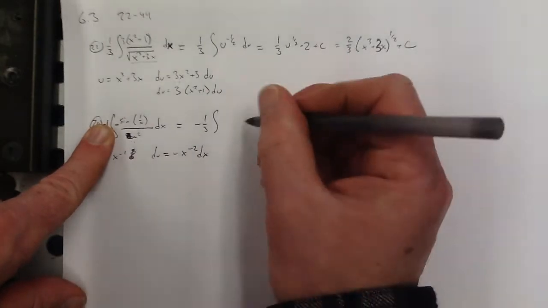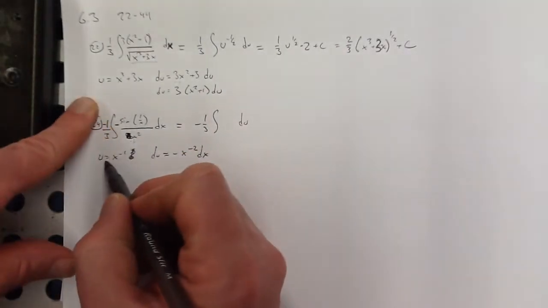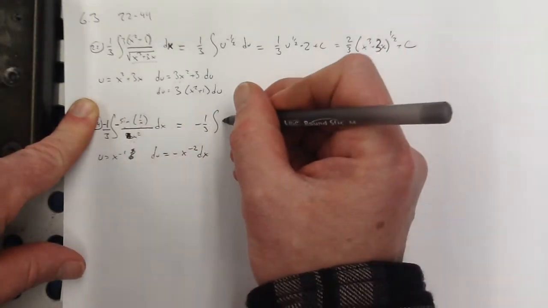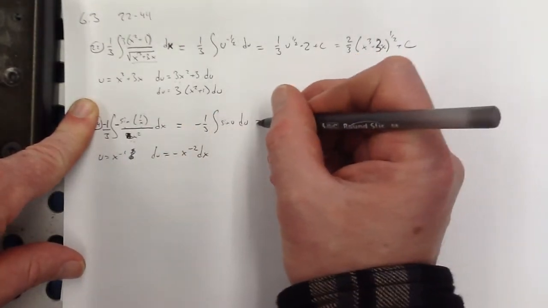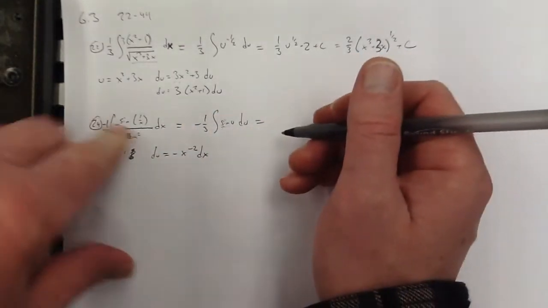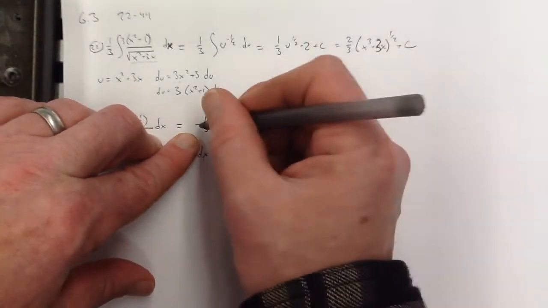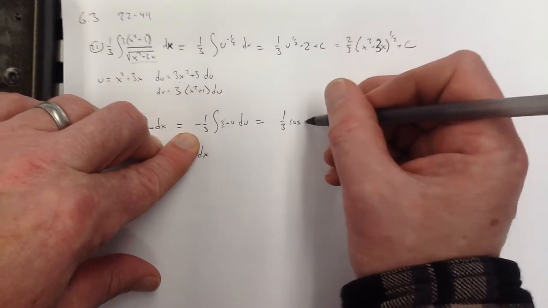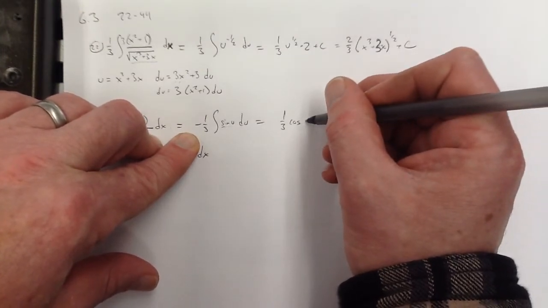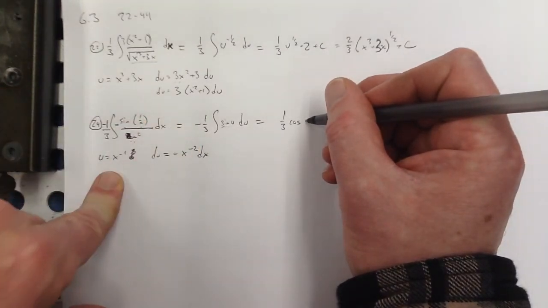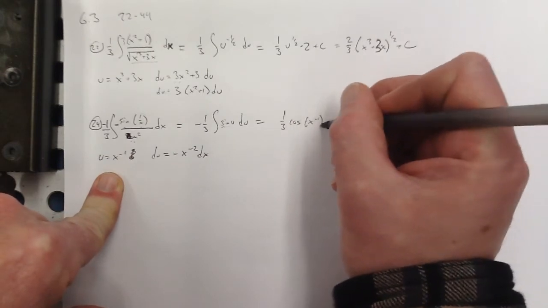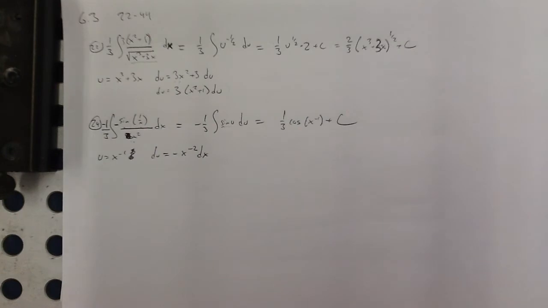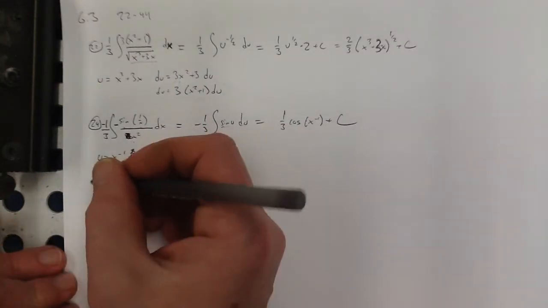That all gets swallowed up by the du, and then sine of u. Antiderivative of sine is negative cosine, so that's going to flip that to positive 1/3 cosine of u plus c. That's good.